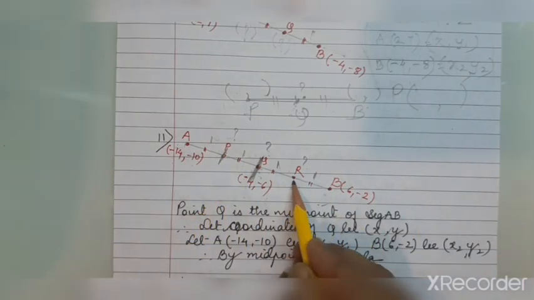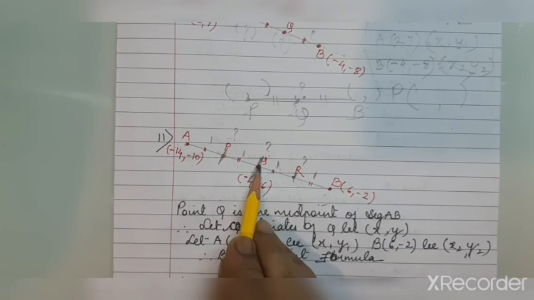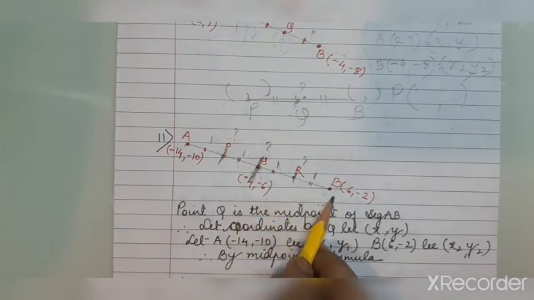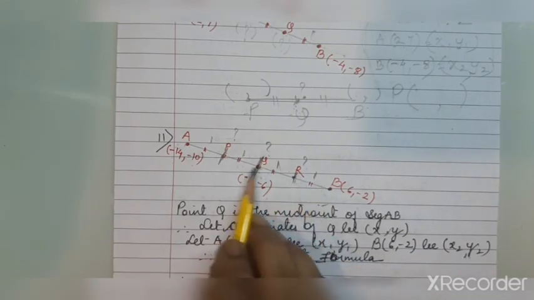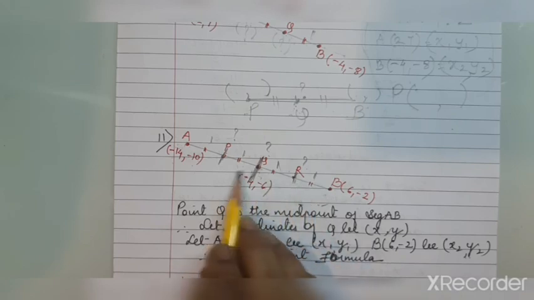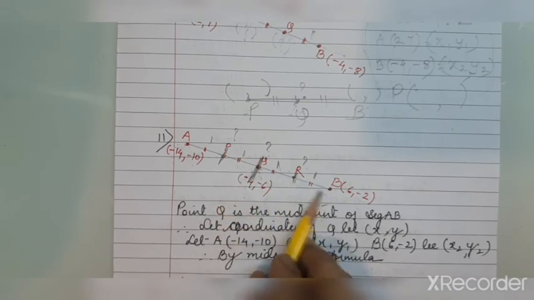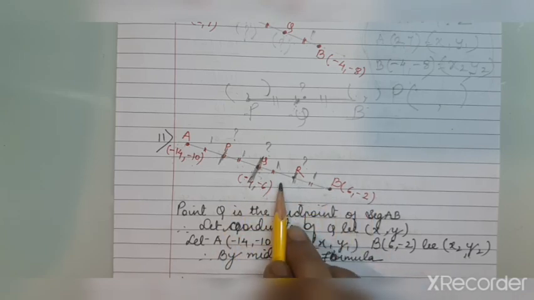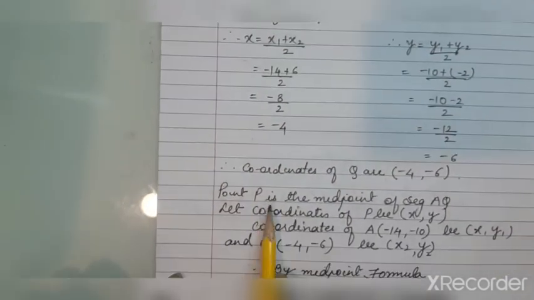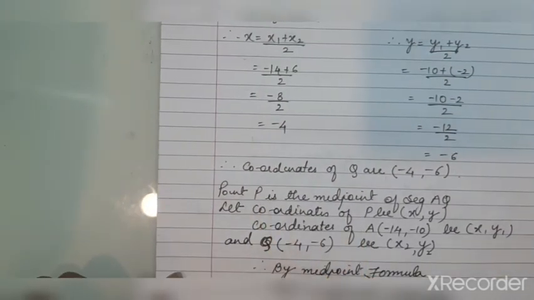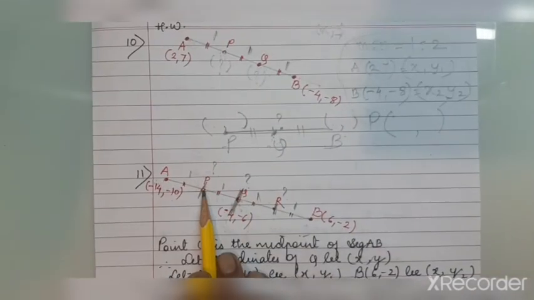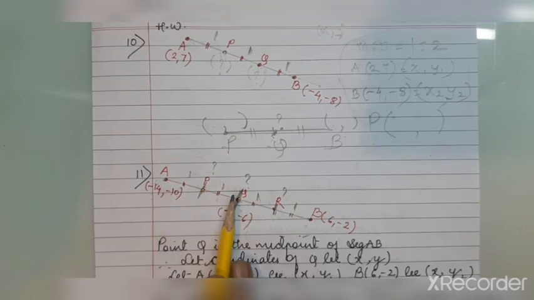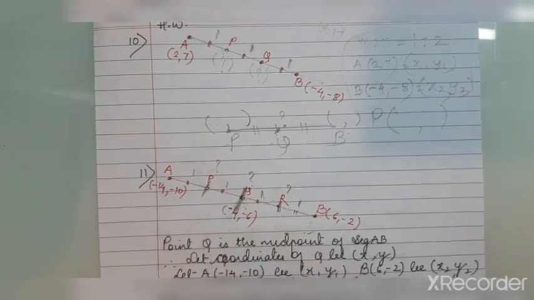Similarly for R. The distance from R to Q and from R to B is the same. So R is the midpoint of QB. If R is the midpoint of QB, we can use Q as x1, y1 and B as x2, y2, and use the midpoint formula to find R. In this way, first we find the coordinates of point P by taking A and Q as x1, y1 and x2, y2.